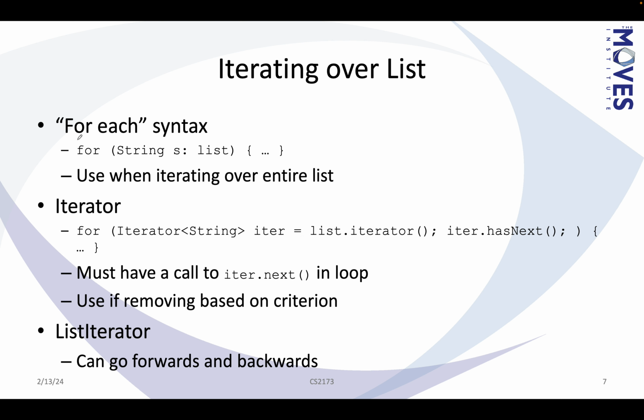Now, we've seen the for each syntax with arrays, and the same syntax works with lists and with all collections. So this will work for both lists and for sets. It says for each, but basically you're saying, for each string in this list, assuming the list contains strings, and if we want to loop over the whole thing in order, then this is a nice way to do it.